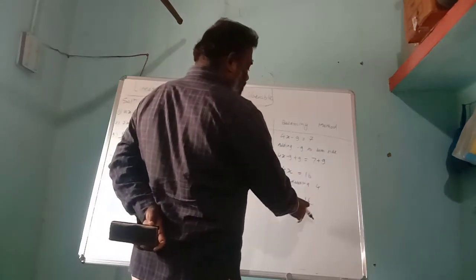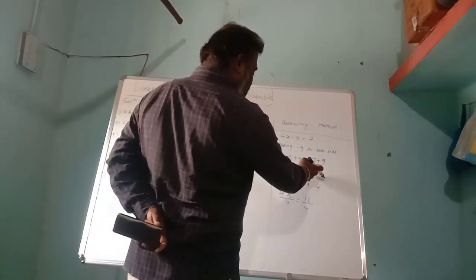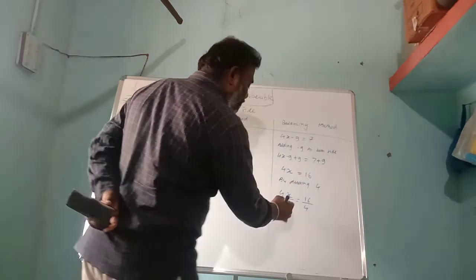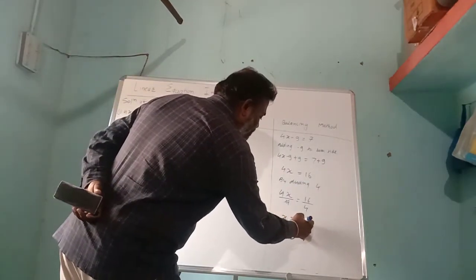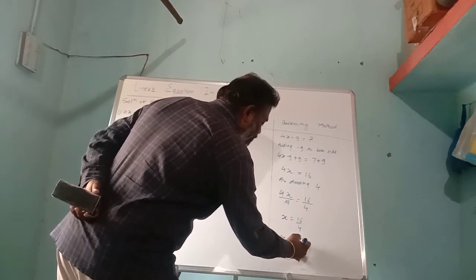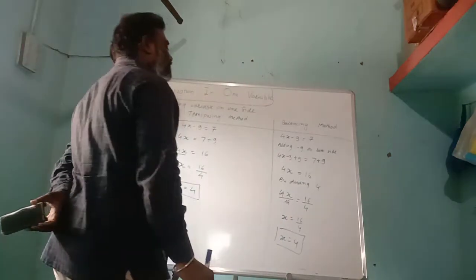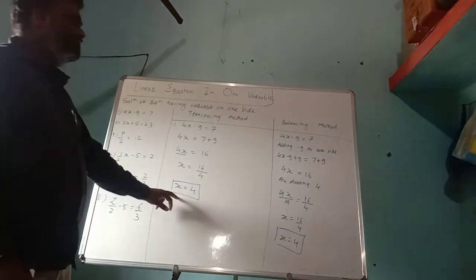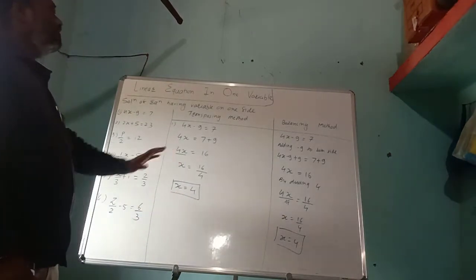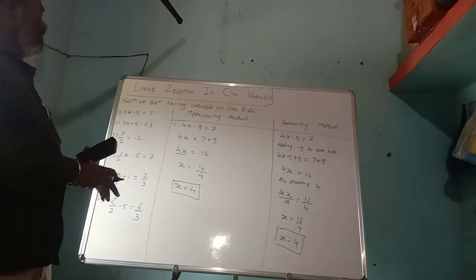For balancing, the same operation I have to carry out. Divide the right hand side also by 4. Again this 4 cancels out. Hence x equals 16 by 4, that is x equals 4. By both methods we are getting the same answer, x equal to 4, which is the solution of the given equation.